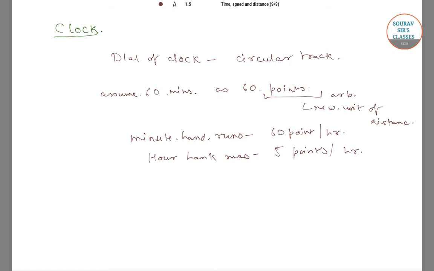So now we become familiar with the relative motions of the two hands of a clock. Now here 60 points is equal to 360 degrees. So 1 point is equal to 6 degrees, which is equal to 1 minute.